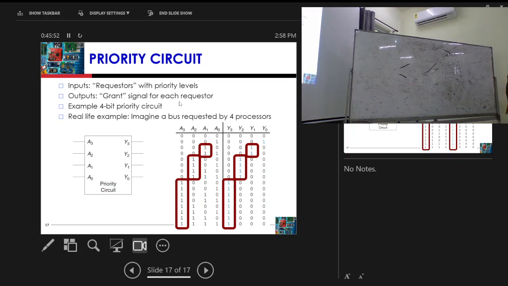That's what we are doing. We also studied the internal architecture of the decoder, then the internal architecture of the multiplexer. Now we are at the priority stage, and we have our truth table. So how do you go about drawing it?